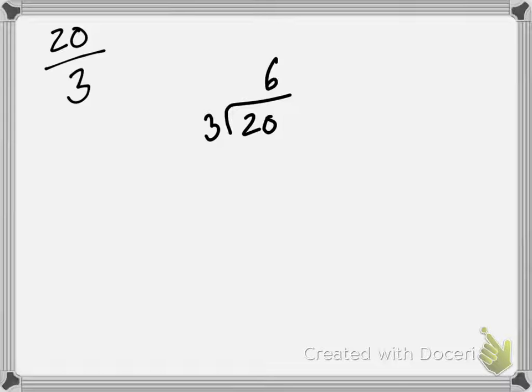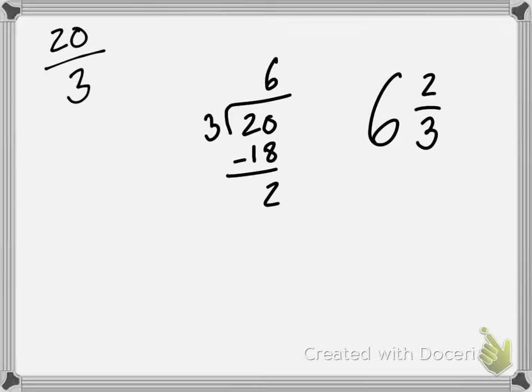And what is 3 times 6? 18. We take that away, and what am I left with? 2. So I get 6. My remainder is 2. Keep my denominator. Hey, it works both ways. Yes. And like I said in the chat, Oslin, Clara, Samantha, Harut, Emma, they all got it correct.